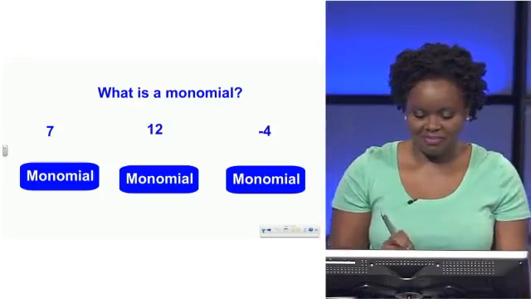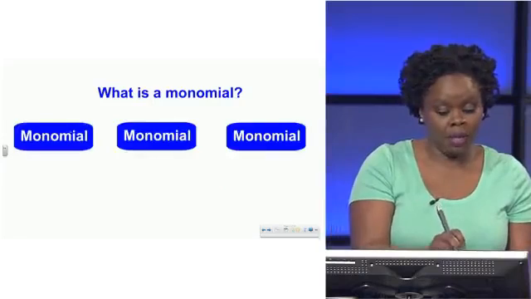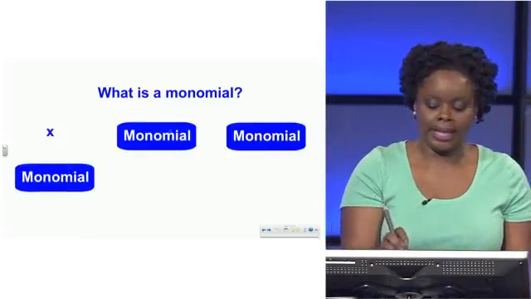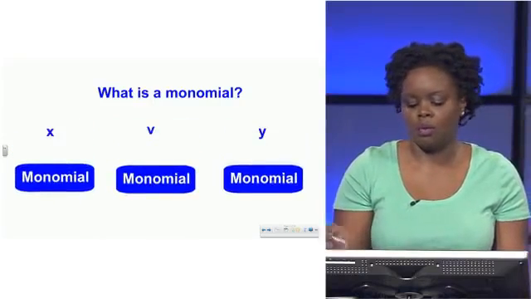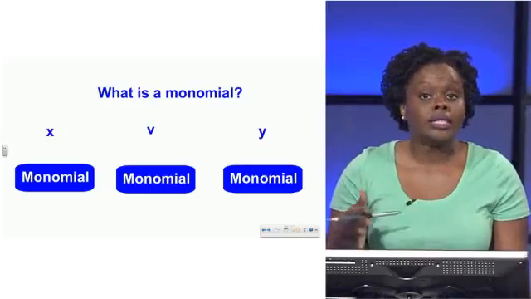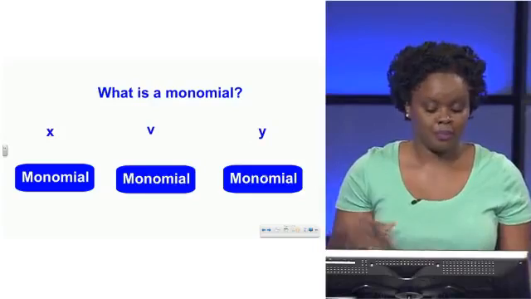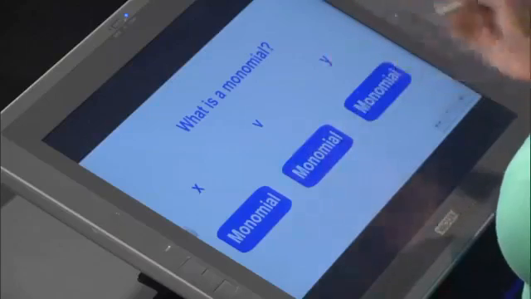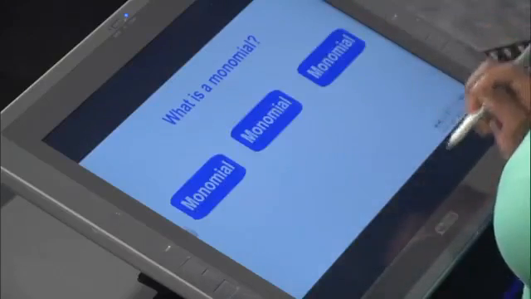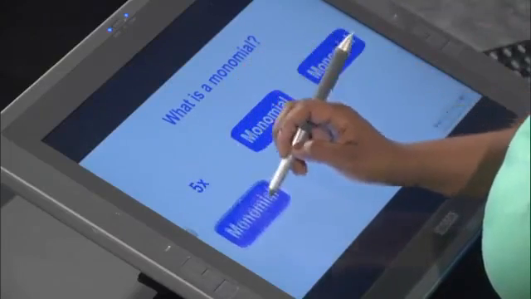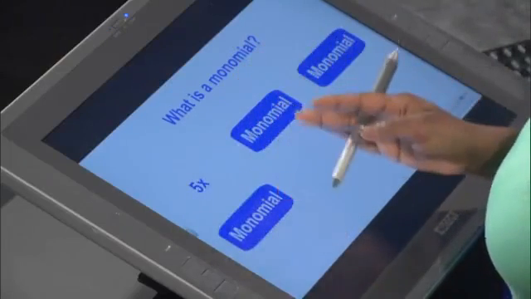Okay? A monomial can also be a variable, like x or v or y. Those aren't constant terms because their value can change. So we call them variables. So a monomial could be a variable. A monomial could also be the product of a constant and a variable.